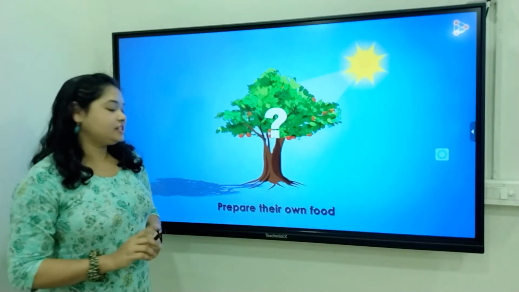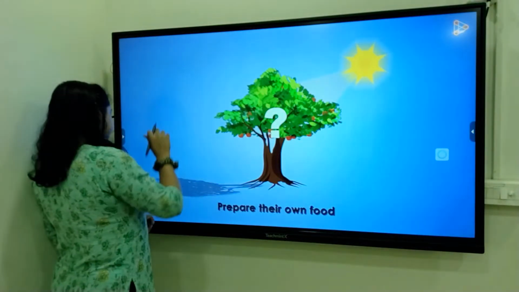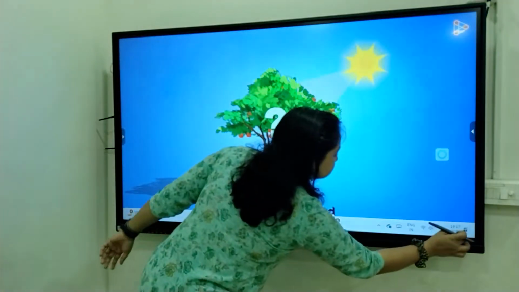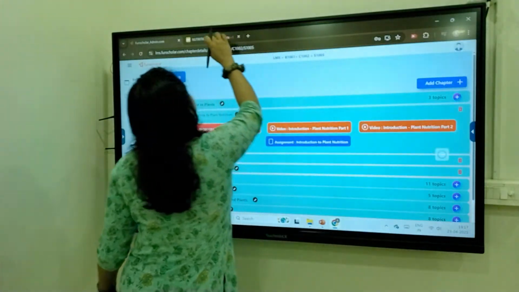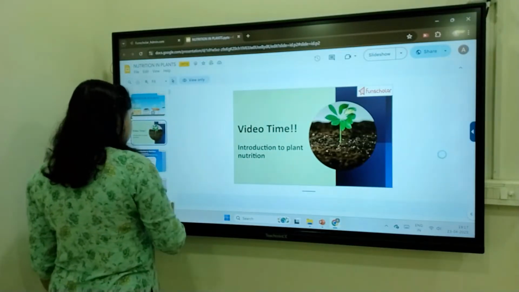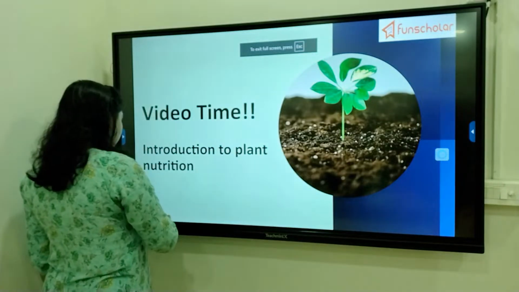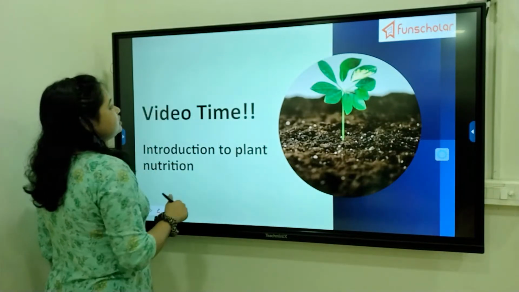In this process of photosynthesis, what happens?